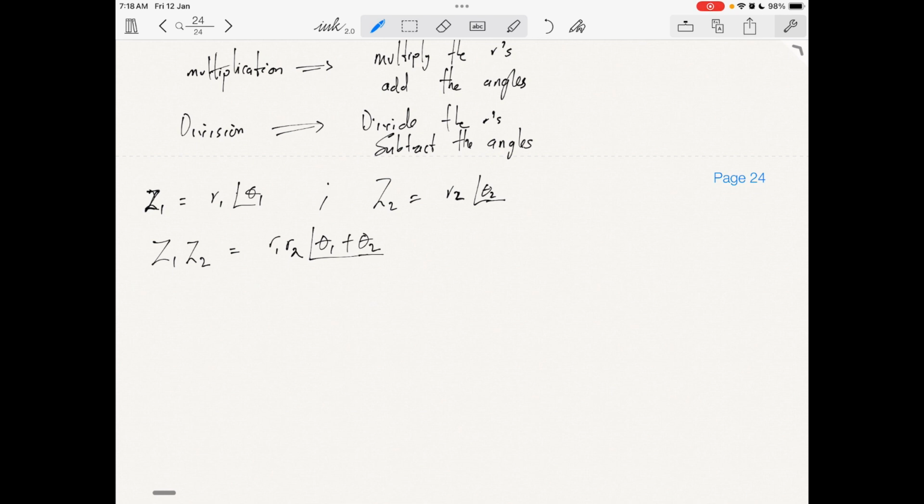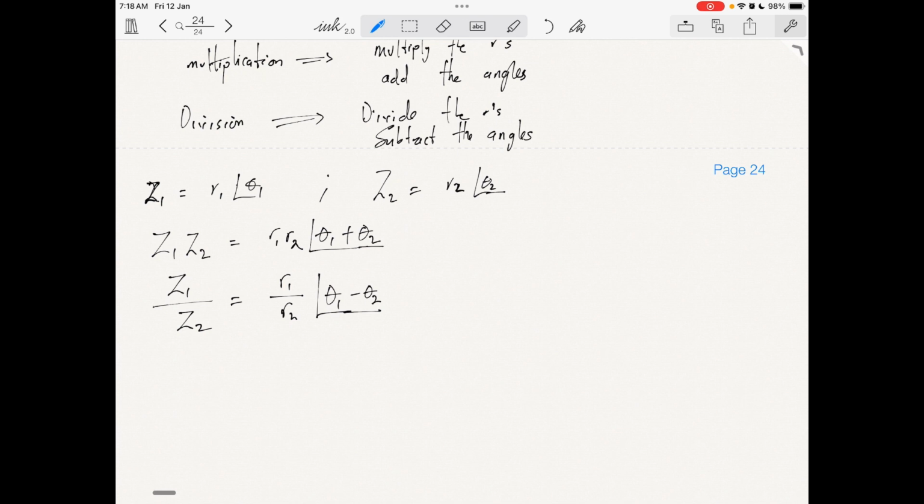If we are to divide z1 by z2, we divide the modulus, which gives r1 divided by r2, and subtract the angles, theta 1 minus theta 2. With our understanding of this, let's take two quick examples on how to multiply and divide complex numbers in polar form.